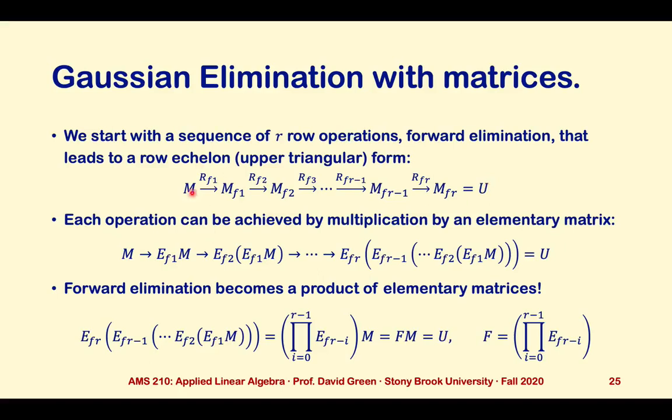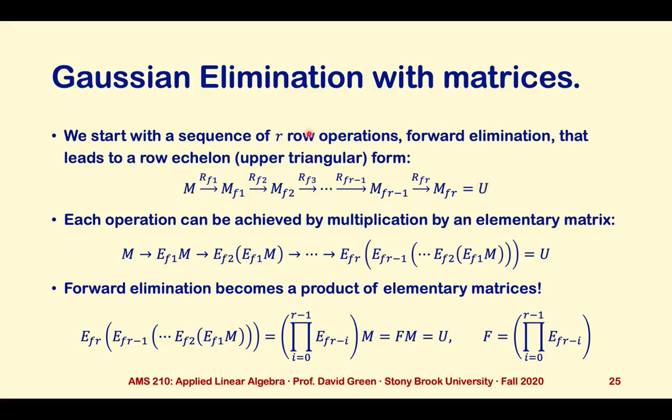And we can represent this as a series of row operations that I'm calling RF1 for the forward step 1, RF2, RF3, and so on up to RFR, our whole sequence of steps. We can think about there being all of these intermediate matrices along the path as we manipulate our system, going from M, and we stop when we have our row echelon or upper triangular form.